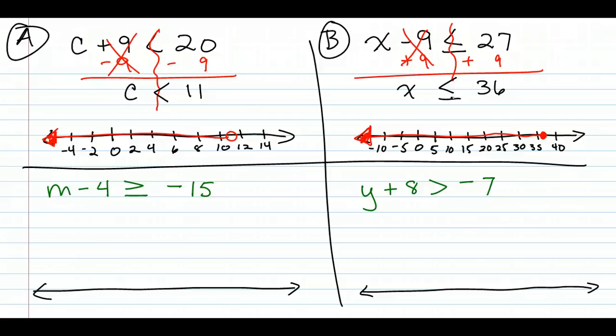What we're going to do now is I want you to pause and work on the bottom 2. Now these are going to deal with negative numbers. Go back to your rules to make sure you remember what to do, and adjust your number line so it works for the problem. Okay, so now you're going to work on problems C and D, and start it up when you're done.